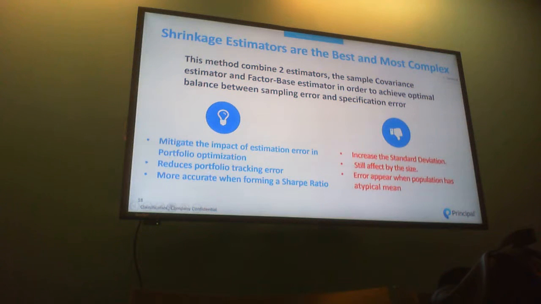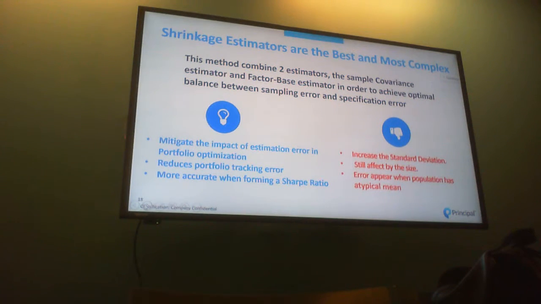I'm not familiar with it, and I know that estimating a factor-based covariance matrix is pretty difficult. So I'm not sure how a package in R is going to do that. I'll have to look through the documentation to see if I think that's appropriate. Okay, I will send you the package name and the documentation of the package.